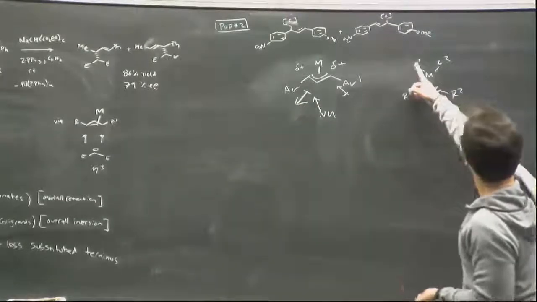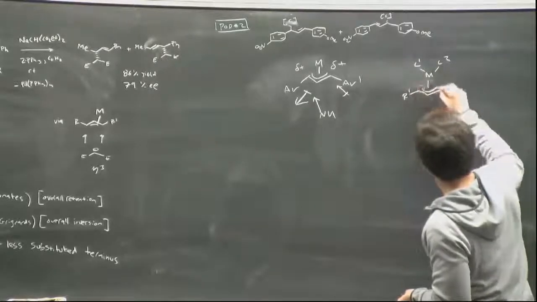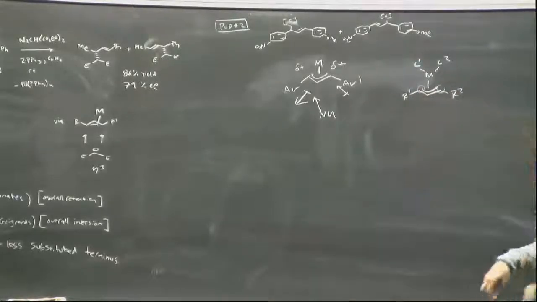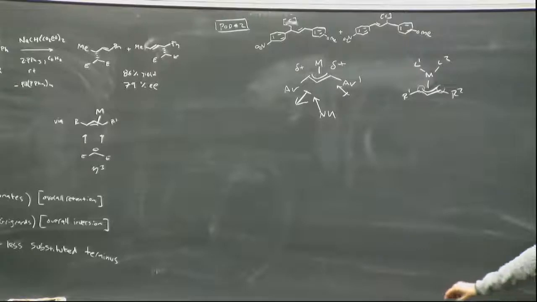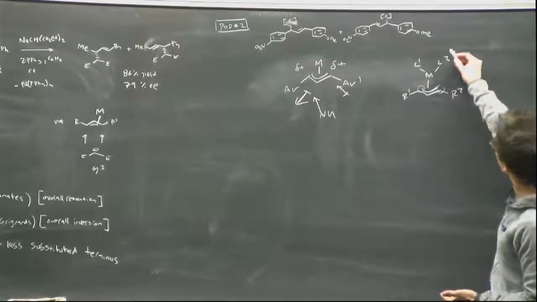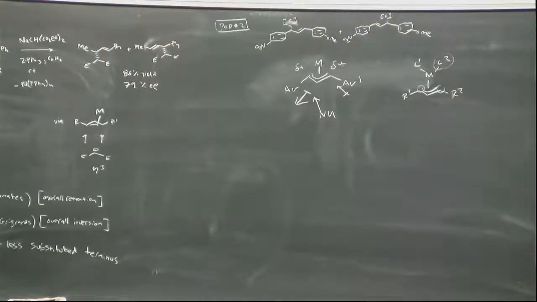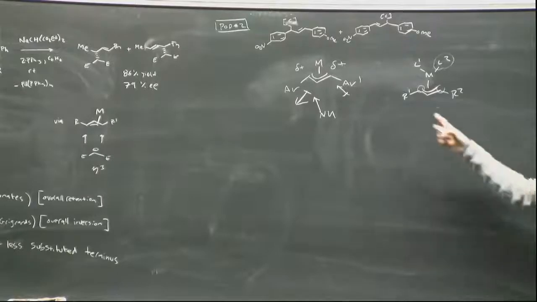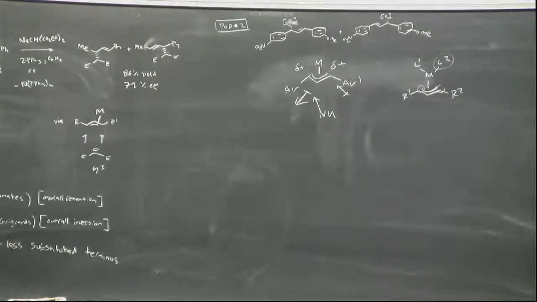How, as the identity of L1 and L2 change for a common allyl fragment, how the C13 NMRs shift. And based on the discussion that we had before, if this is a higher trans-influence ligand, would you expect this to be shifted upfield or downfield? Someone can just shout out.